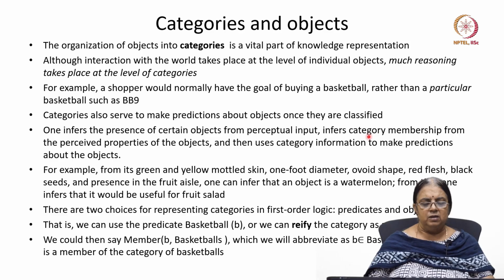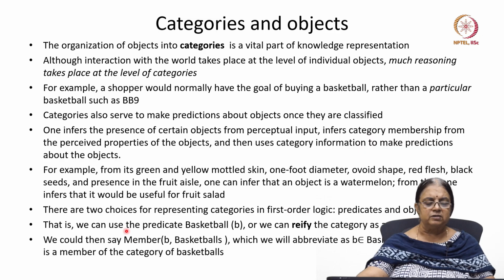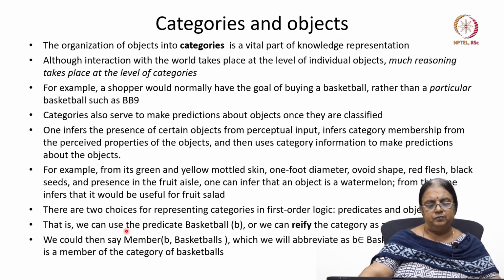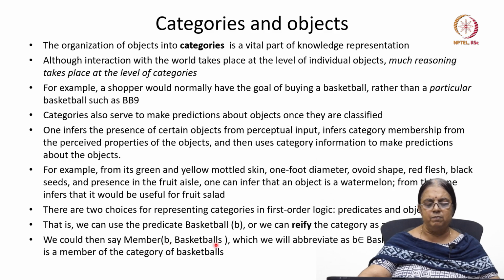Okay. So how do you represent categories using first order logic? You can use predicates and objects. So, for example, you can say that there exists some B and basketball B. Or you can say that B is a member of the category basketballs, member B basketballs.